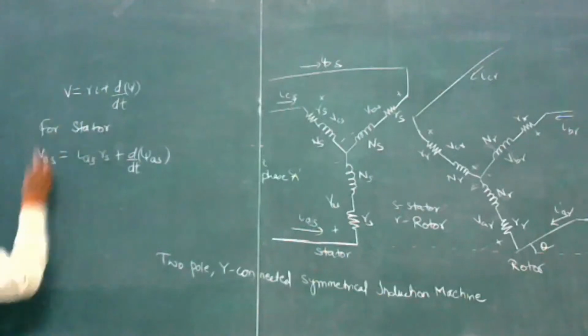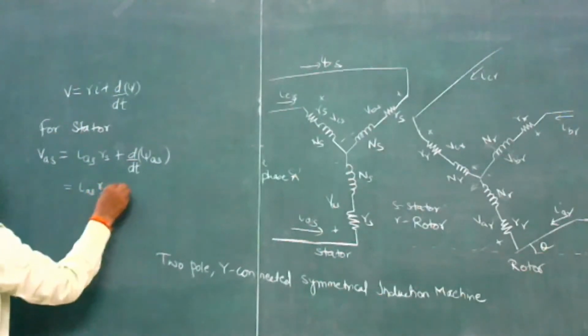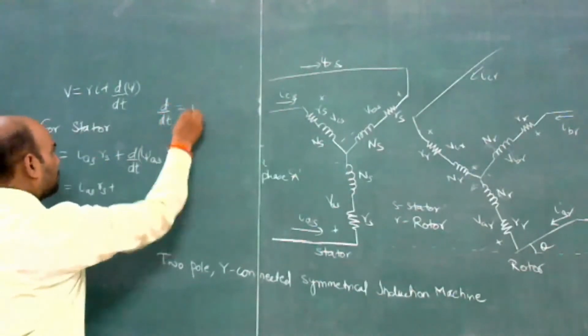So VAS is equal to IAS RS plus, letting d by dt be a differential operator P.